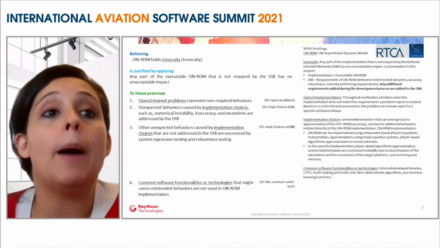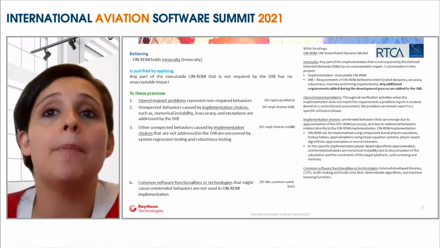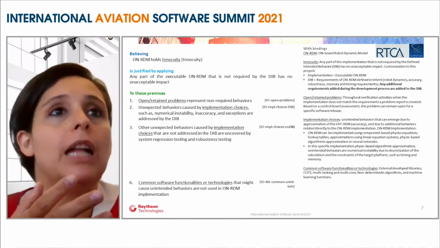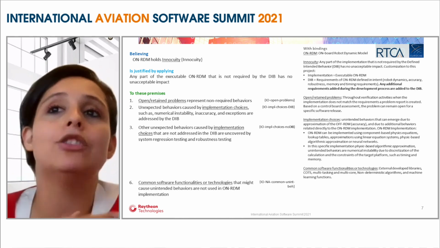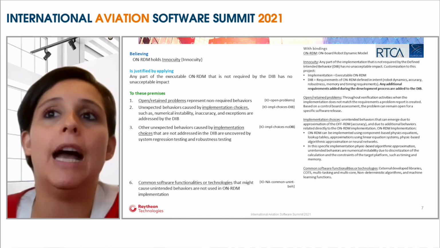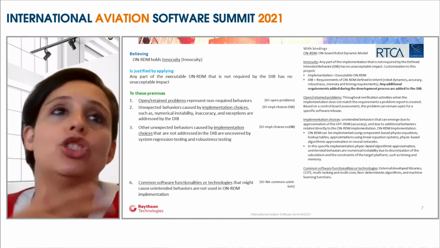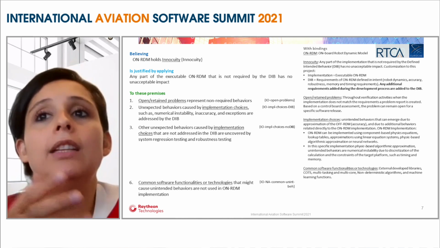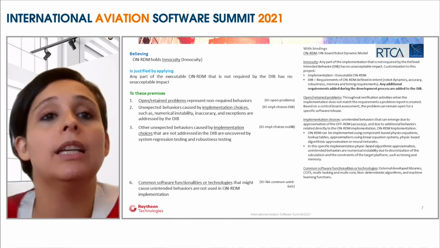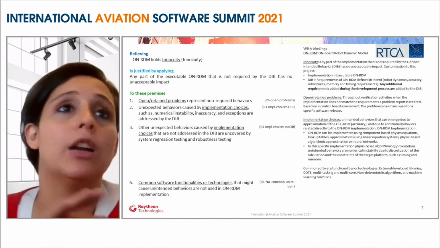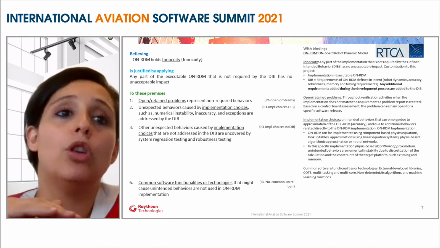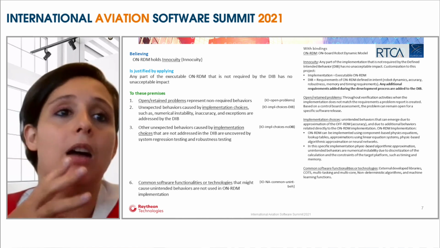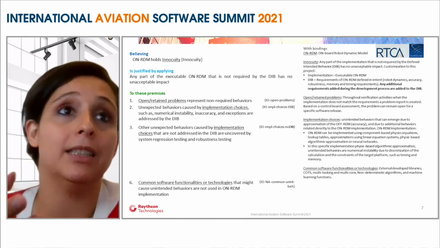Now premise number 6 aims to list the set of software functionalities or technologies that are known to add unintended behaviors, like machine learning, multi-core, multitasking code, and so on. In premise number 6, we're just stating that the onboard model implementation doesn't use these common software functionalities and technologies.